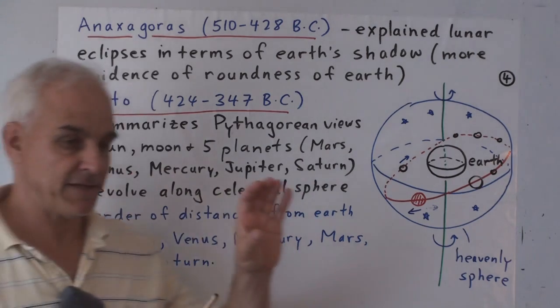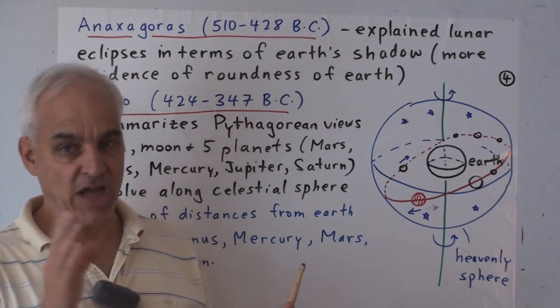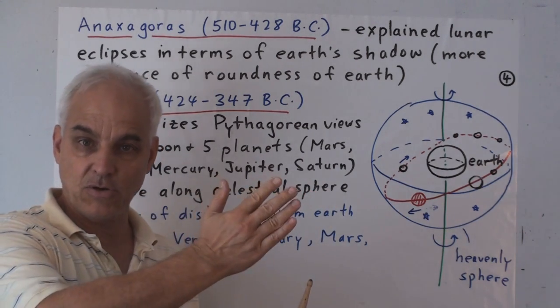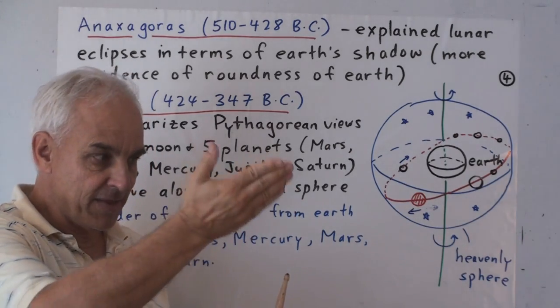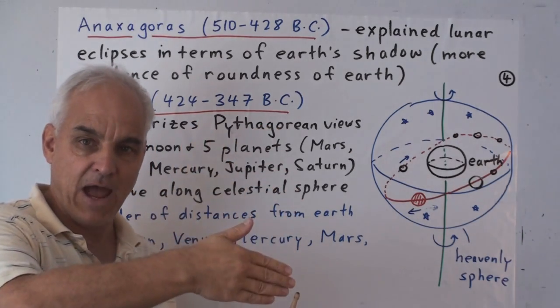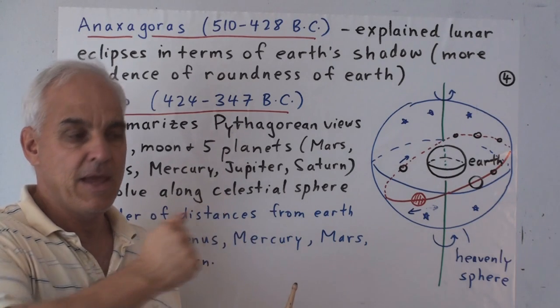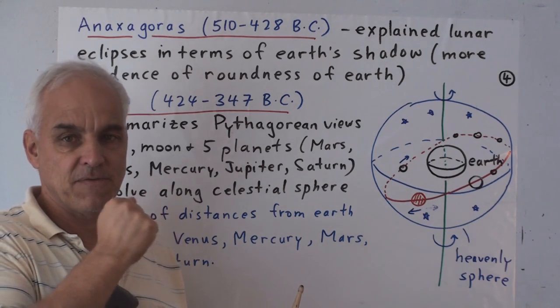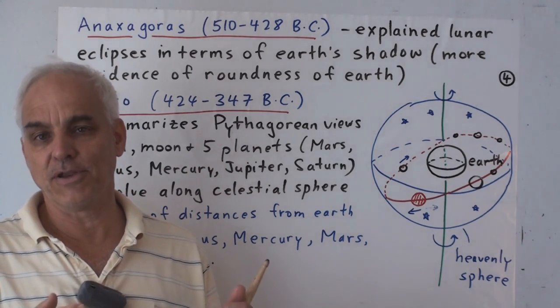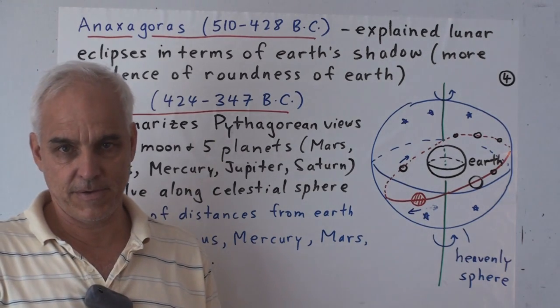When you look at a lunar eclipse and you see the shadow of the Earth passing over the moon, you see that the shadow is round or elliptical. And that's further evidence for the roundness of the Earth.